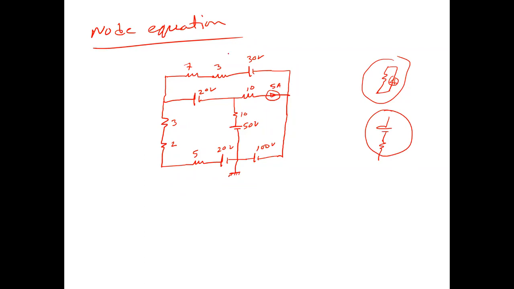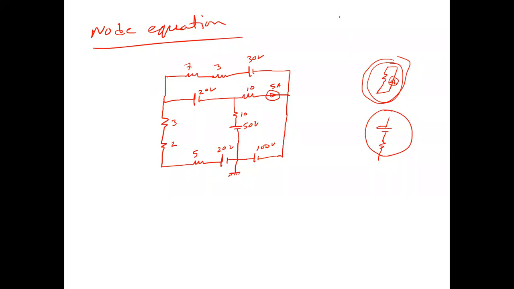But in the node equation, any voltage source in series we convert to a parallel current source. In the node equation we use all currents, whereas in the loop equation we use all voltages. So we convert everything to current, and then these resistances must be parallel.